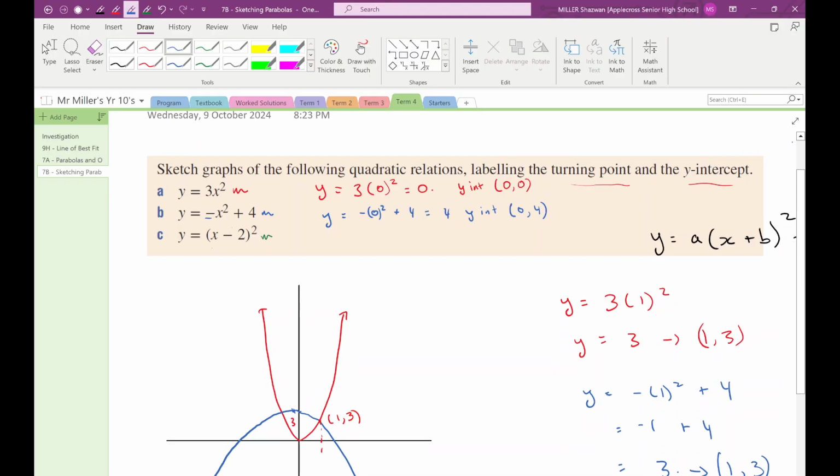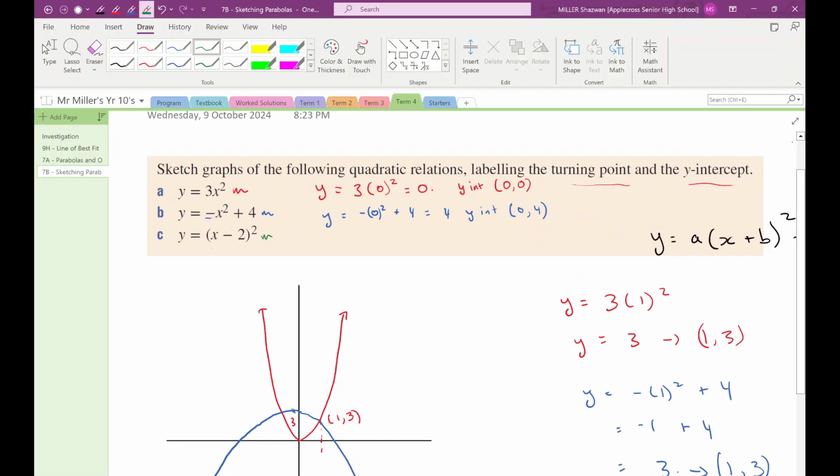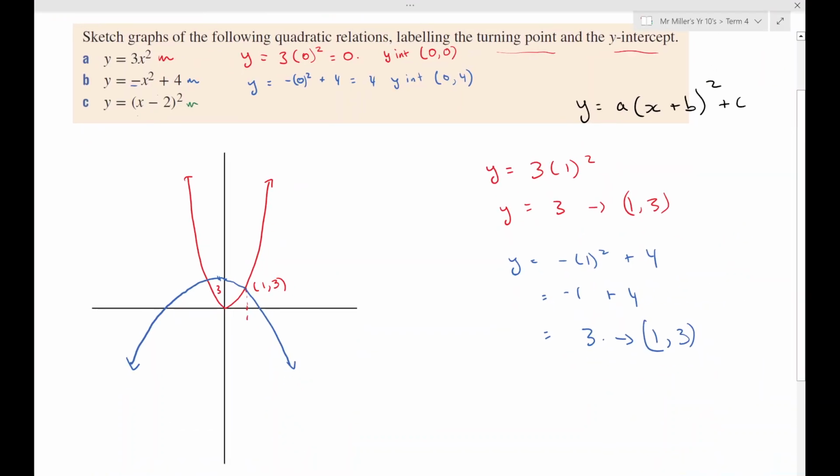But anyways, finally we've got this green parabola. Again, we need to find this. Oh shoot, we were supposed to put the turning points in as well. I'm all over the place. Sorry. So for this red one, our turning point is kind of like the corner of this parabola, where we turn from one direction to the other.